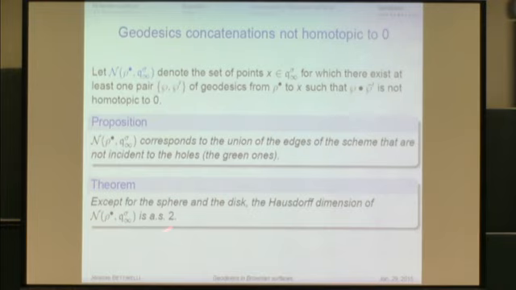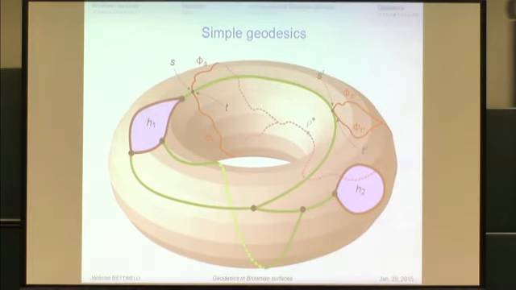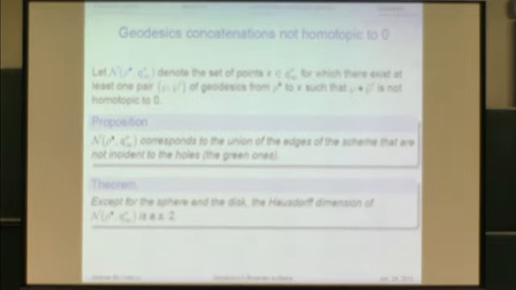It's because the boundary components are the loops here, and the Hausdorff dimension of the set I'm considering is the Hausdorff dimension of the green edges here. But actually, every edge will have Hausdorff dimension 2. So that's the same dimension.